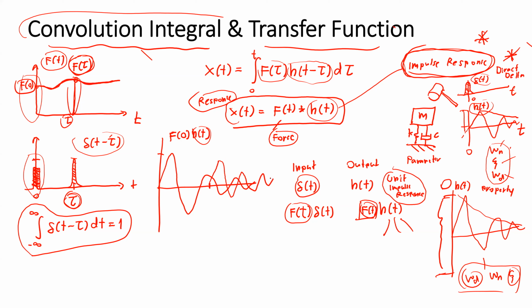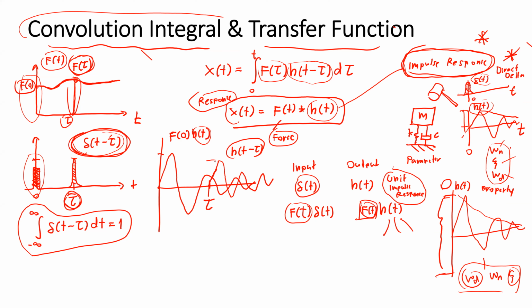And the impulse response is simple. It's just an impulse response with a time shift. If a direct delta is applied at time equal to tau, the impulse response is going to begin from time equal to tau.